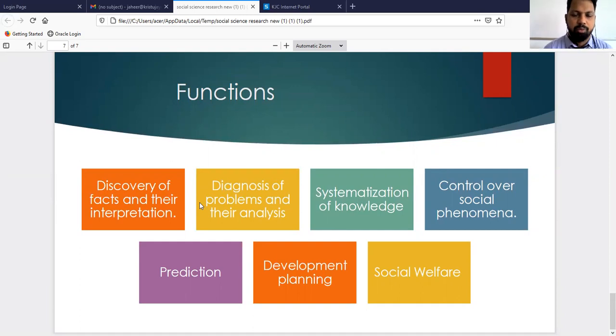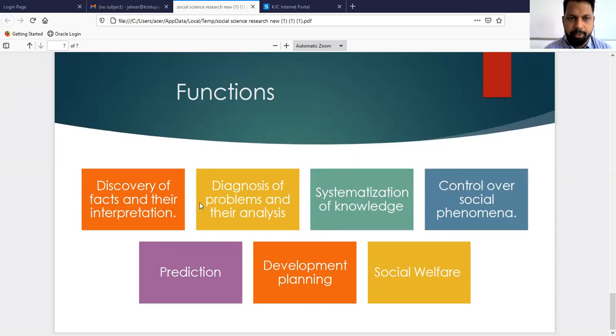We are able to predict from social science research. For example, by using apt methodologies like correlation and regression, we can predict the future course of events.